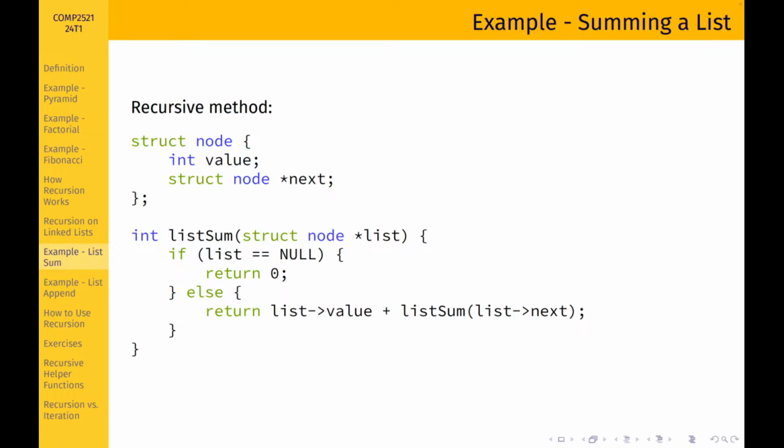Otherwise, we take the sum of the rest of the list, list sum of list next, and we add on the value at the current node, which is list value. Okay, so that is how we sum a list recursively.